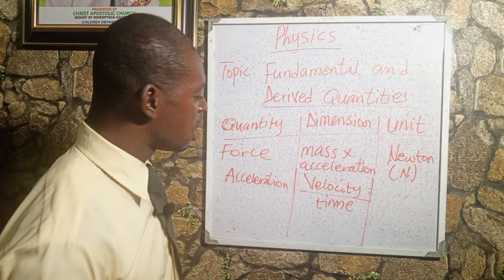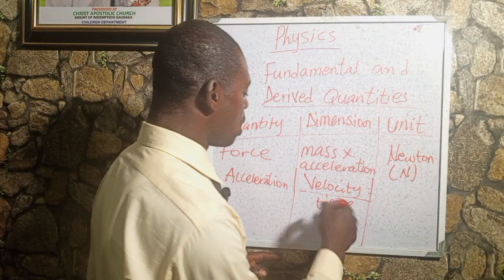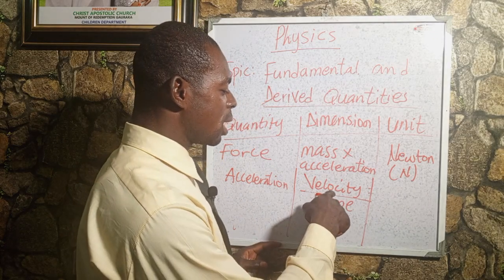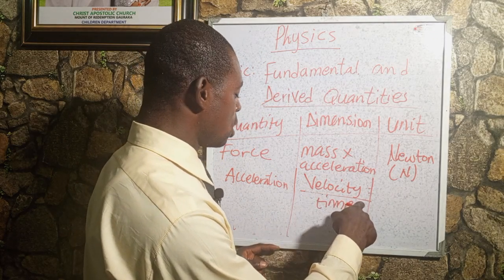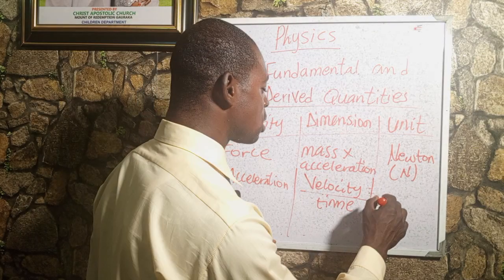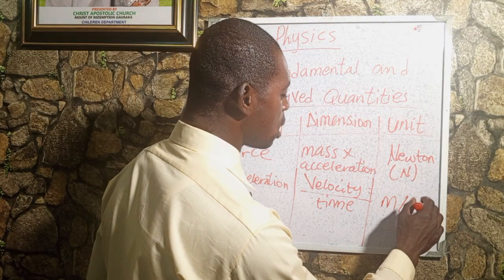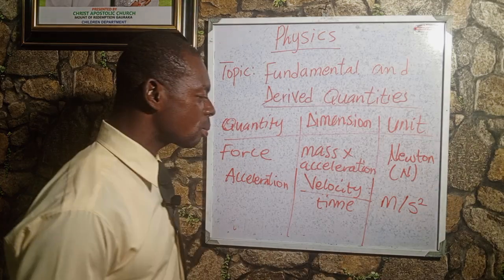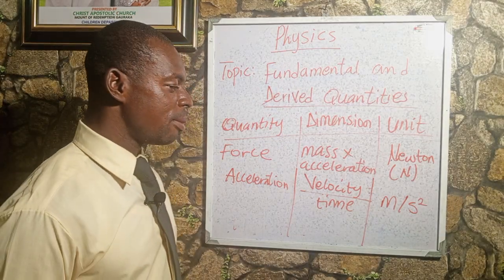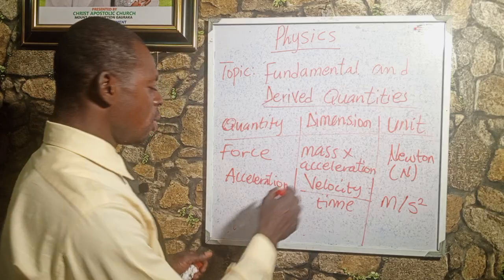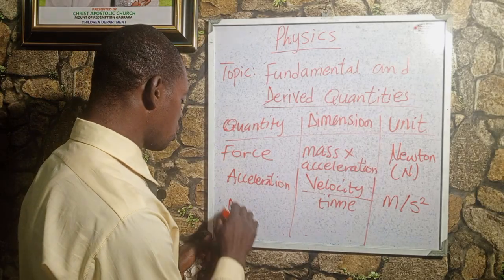Sorry for that mistake. Change in velocity over time, and velocity is measured in meter per second. So the unit of acceleration is meter per second square.